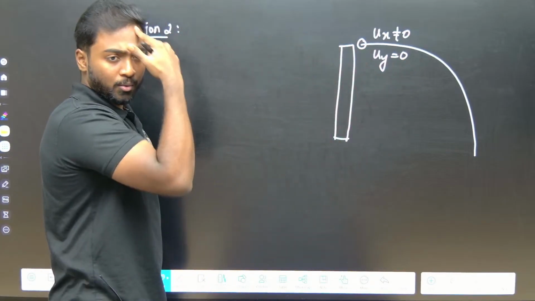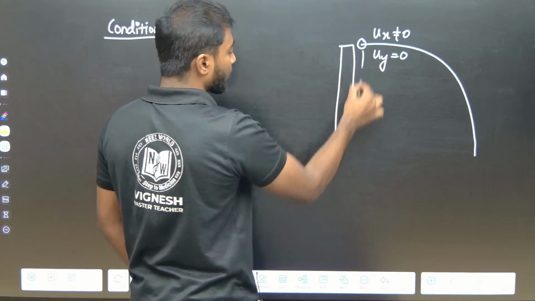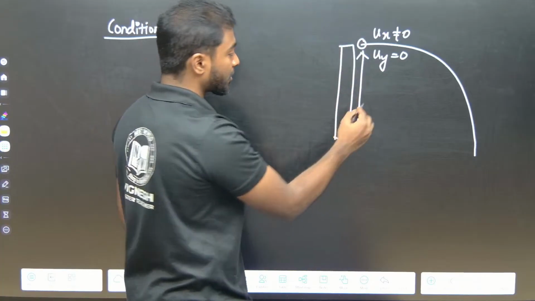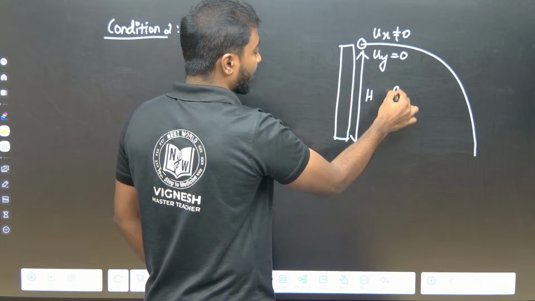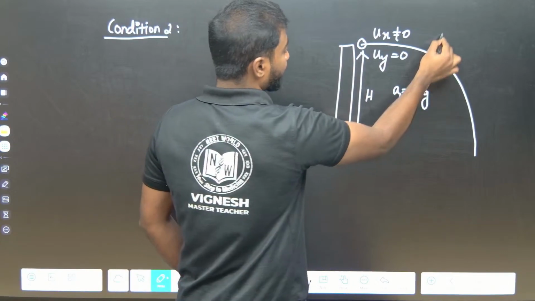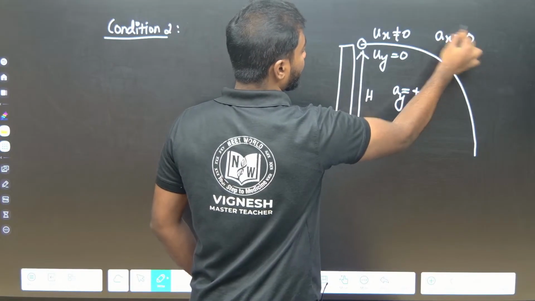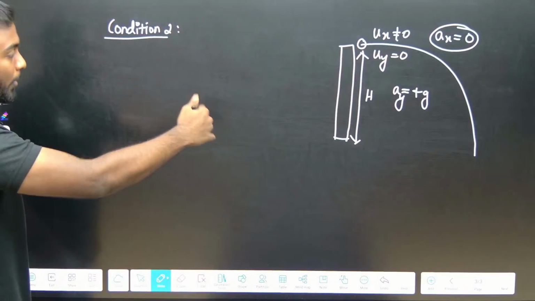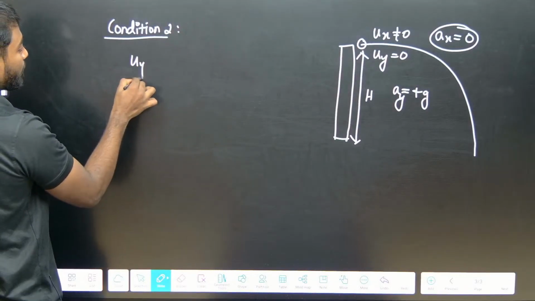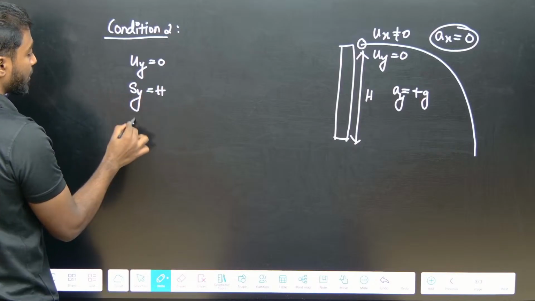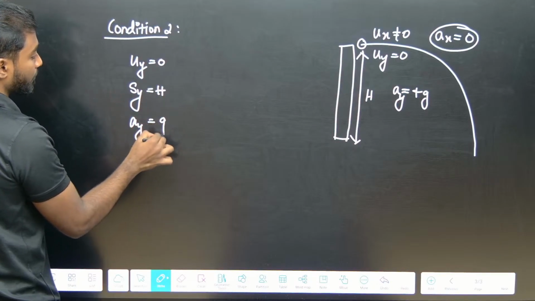I am talking about the displacement in y direction, that is h, acceleration in y direction, that is plus g, acceleration in x direction, that is 0. So no need to talk about x, I will talk about y. So uy will be equal to 0, sy will be equal to h, ay will be equal to g.